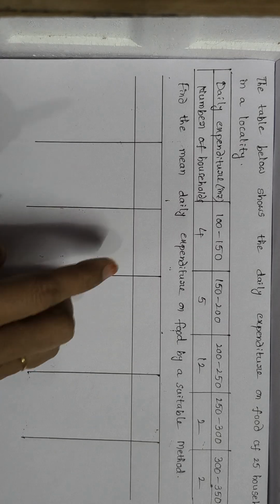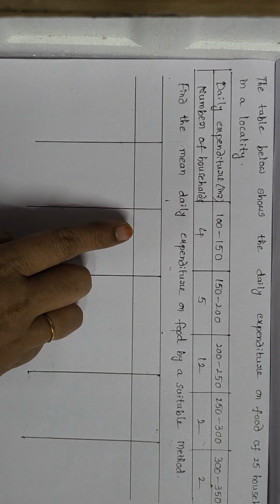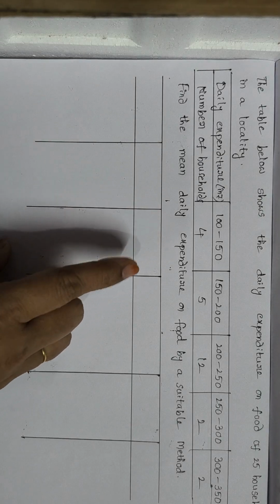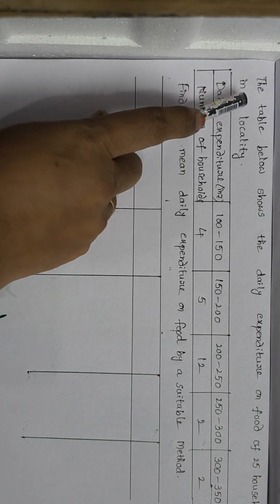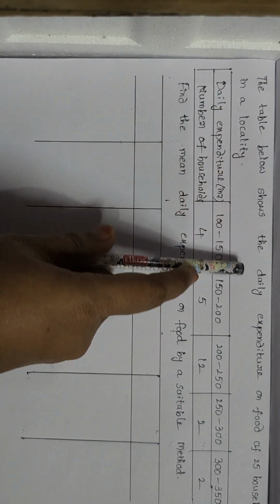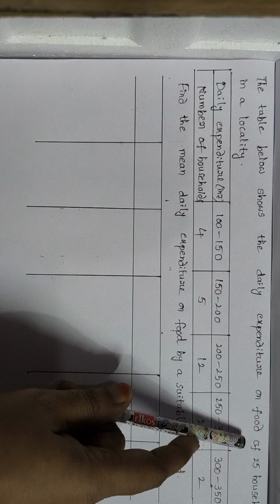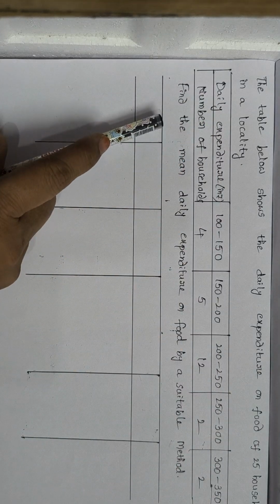Students, today I am going to tell you how to find mean by step deviation method. Take a problem. The table below shows the daily expenditure on food of 25 households in a locality.